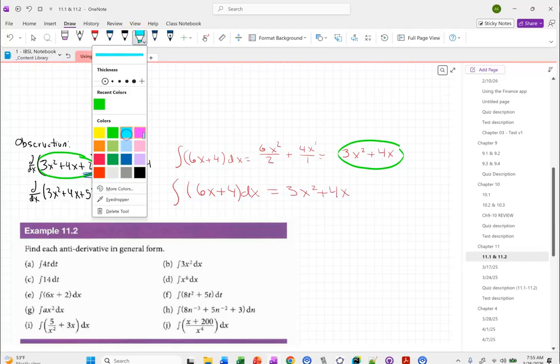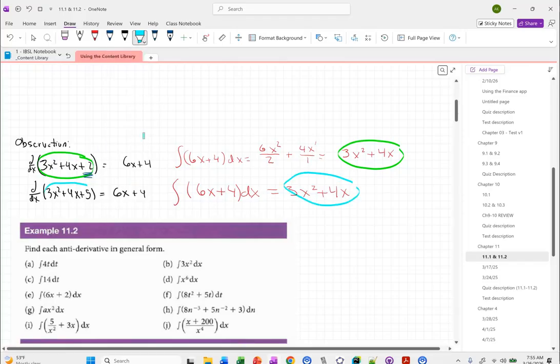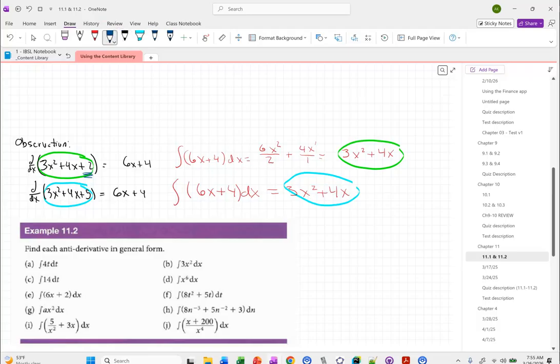Again, you notice that we're missing that constant term at the end. That piece is unrecoverable. So to account for that, we just write plus c at the end, where that plus c represents some constant that we actually can't recover.